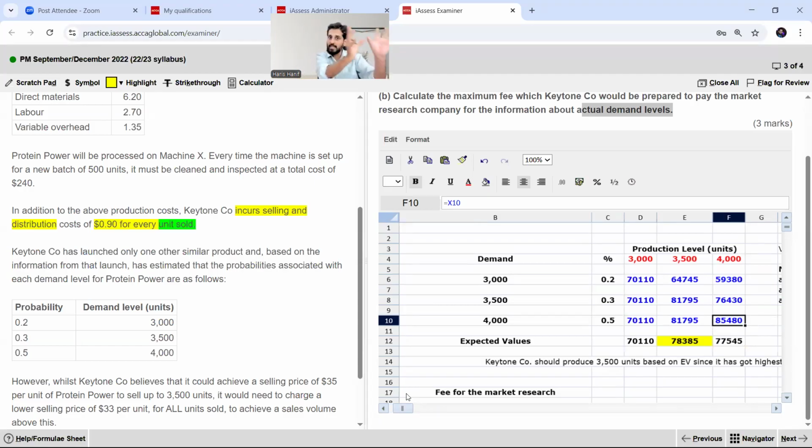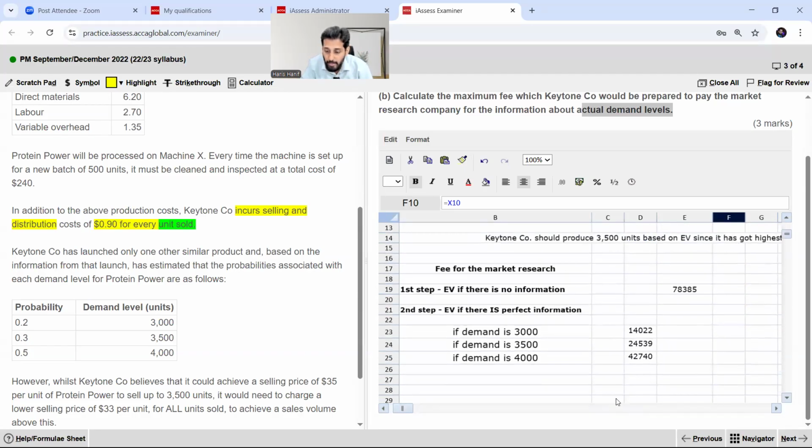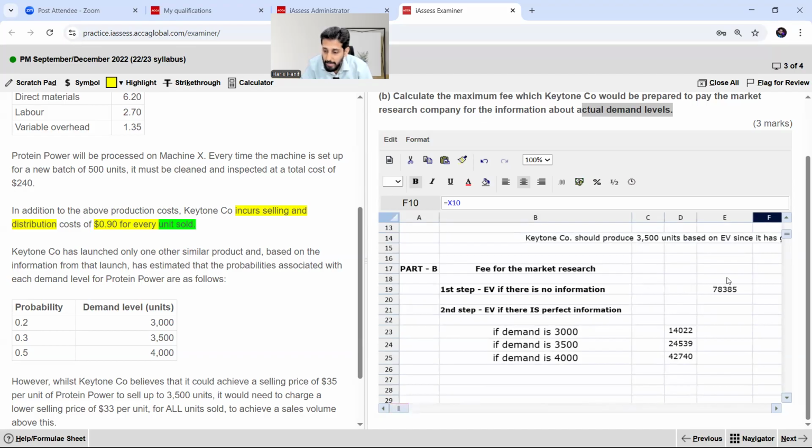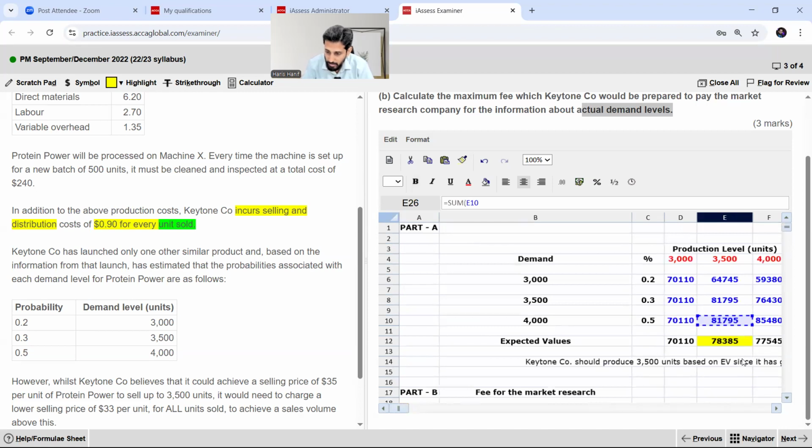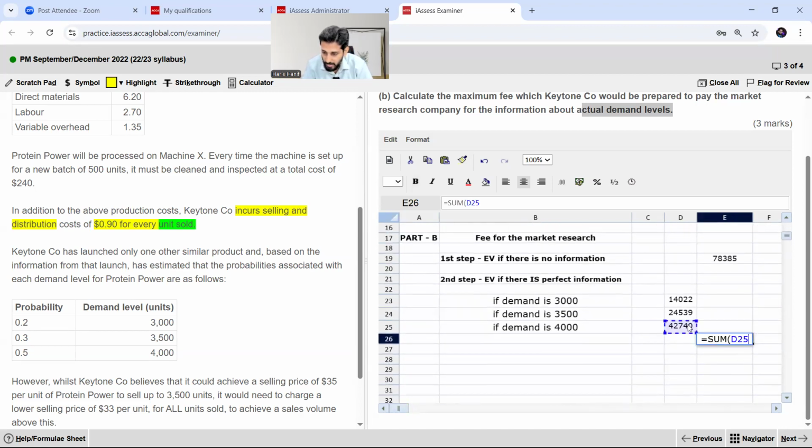What if, select the best one. If I have no information, I am happy with this. If I have perfect information, there are three scenarios and I need to sum it up and make it total.